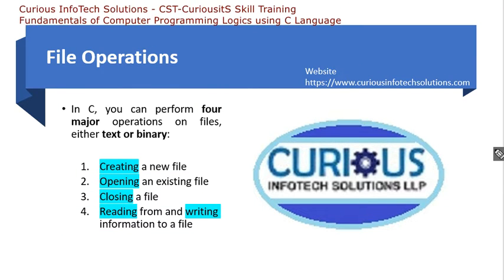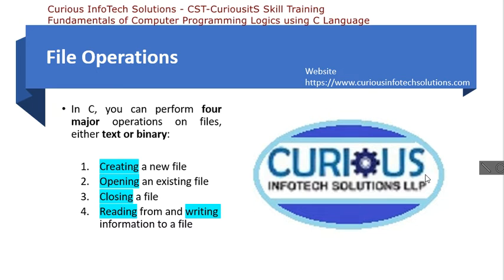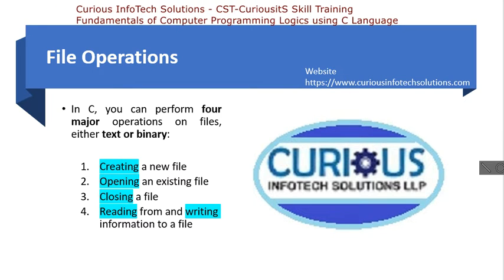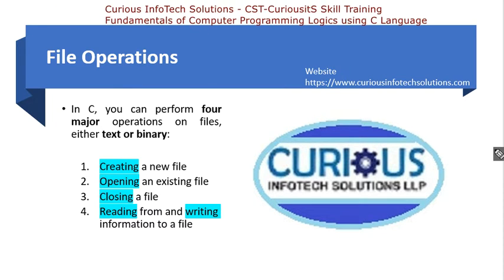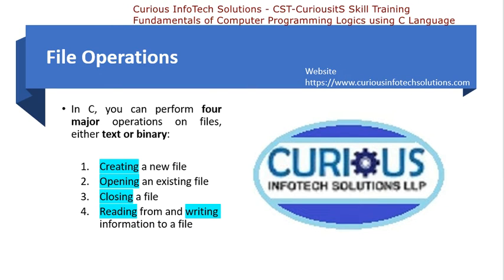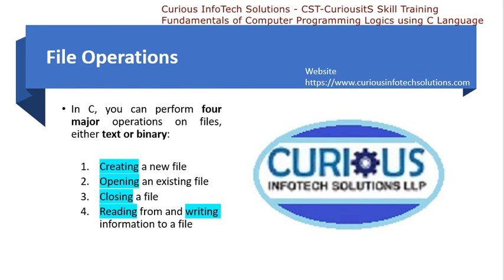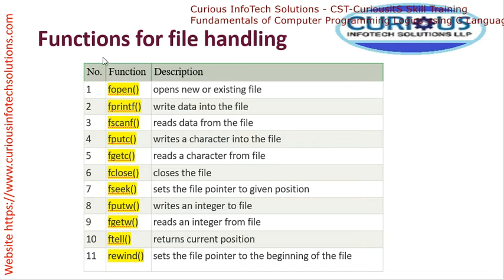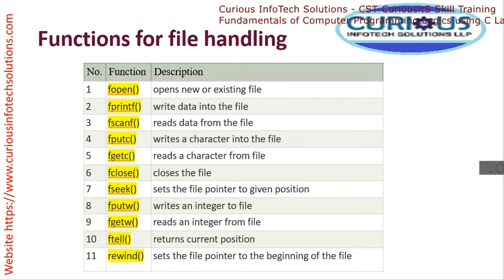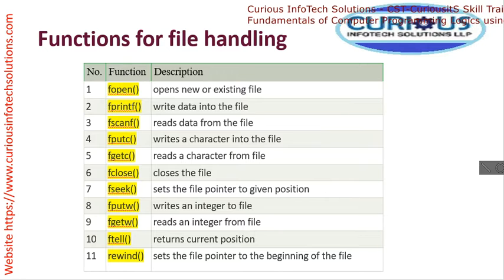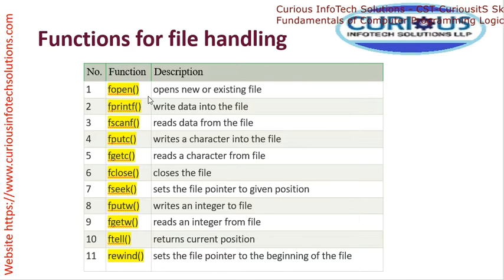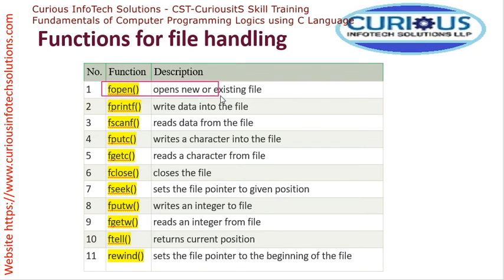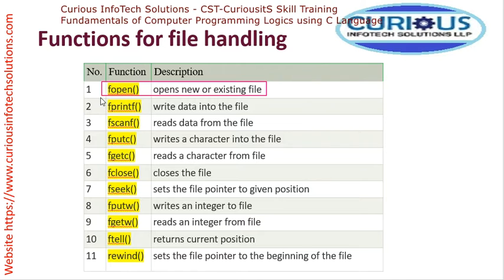Now we will see what functions are available for file handling. In this next slide we have the types of functions for handling files in a C program. So first is fopen, it will open a new or existing file.